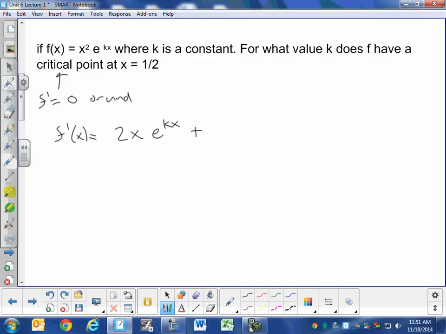It's k e to the what? Not just x. Kx. The derivative of e to the kx would be the derivative of e, which is e, leave the stuff alone, times the derivative of kx, which would just be k, because k is just a number. So that's the tricky part that we need to be comfortable doing.